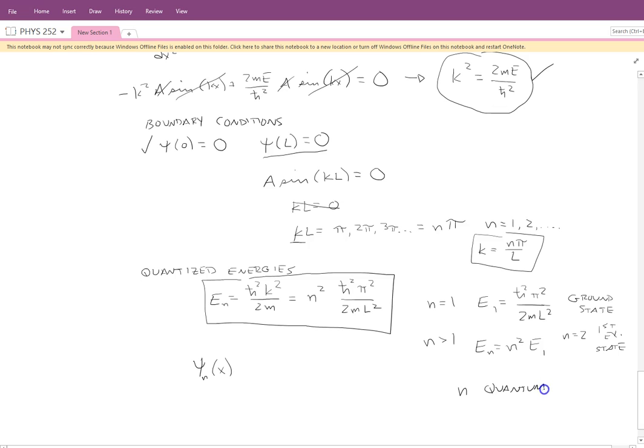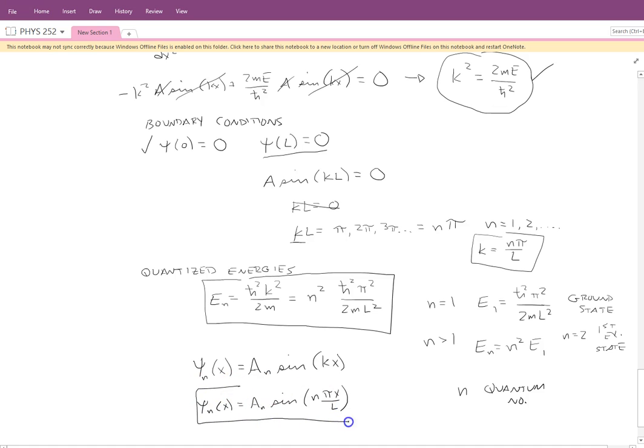Each n will have a coefficient times the sine of k times x. But k, remember, is n pi over L, so these allowed wave functions or eigenfunctions are going to be sine of n pi x over L, like that.